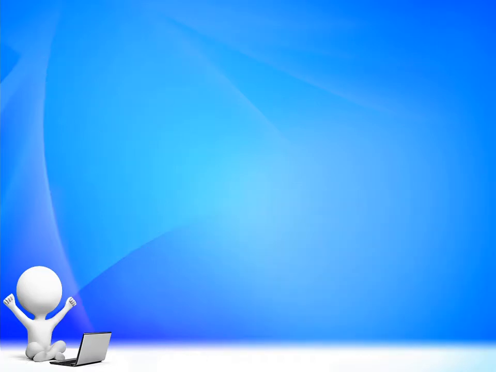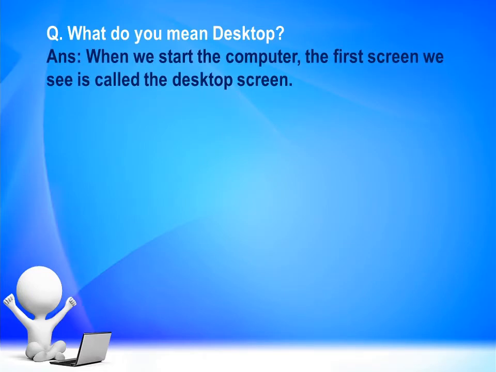Next, what do you mean by desktop? The answer is, when we start the computer, the first screen we see is called the desktop screen. What does a desktop consist of?